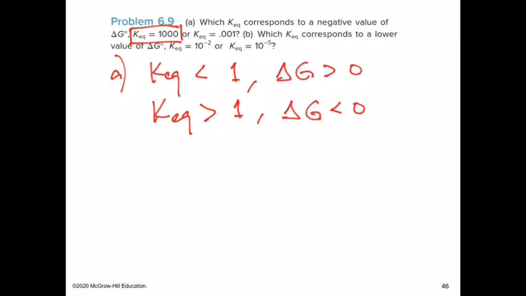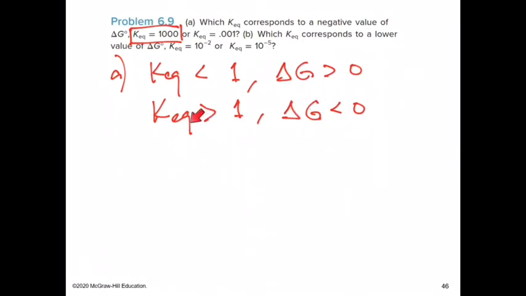And for part B, which equilibrium constant corresponds to a lower value of delta G? Keq of 10 to the negative 2 or 10 to the negative 5? You can see here that the more positive Keq is, the lower the delta G will be, meaning the more negative delta G will be.